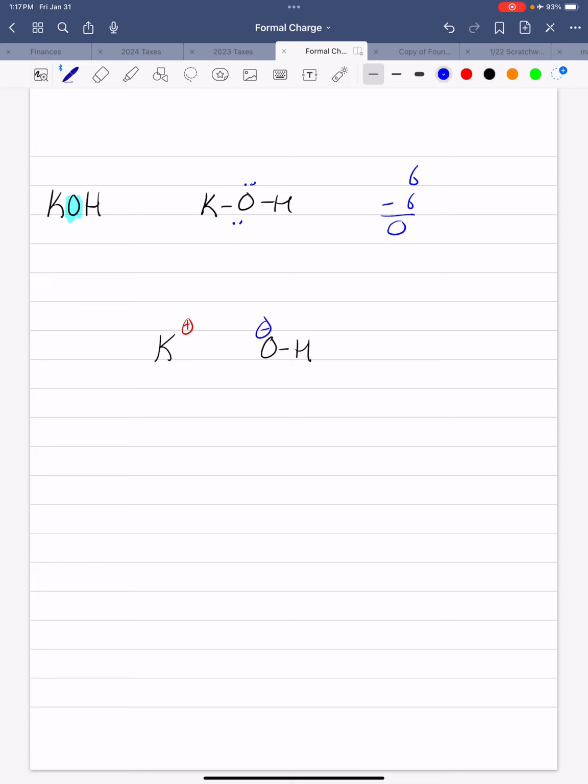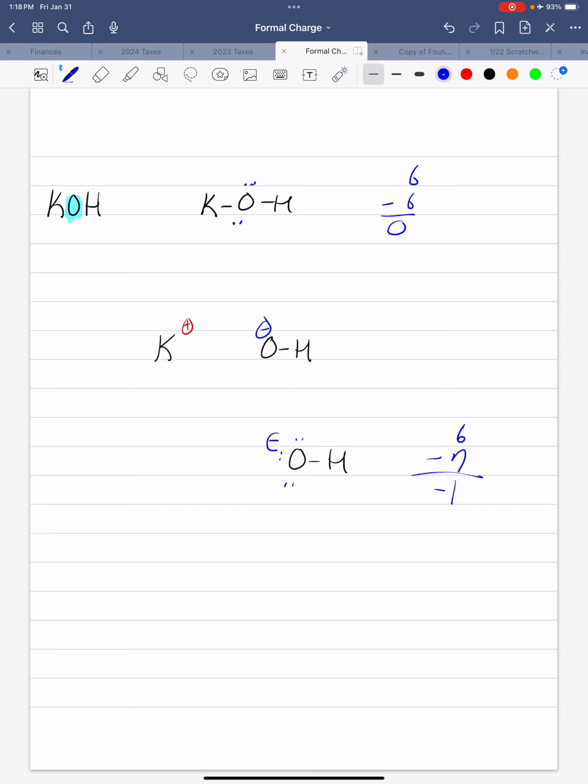Ultimately, what binds these together is just the electrostatic forces between them, but it's going to slightly affect how we calculate the formal charge. You're not going to use this method. You're just going to look at the anion here. So you've got O to H, fill in missing lone pairs, you have 3, 6 minus 1, 2, 3, 4, 5, 6, 7, minus 1.